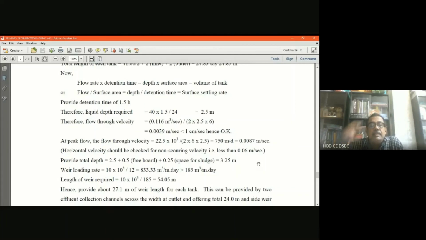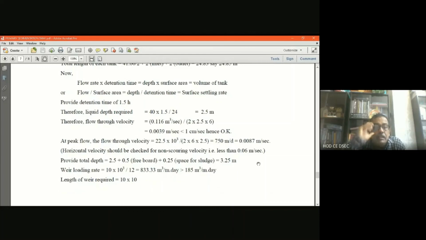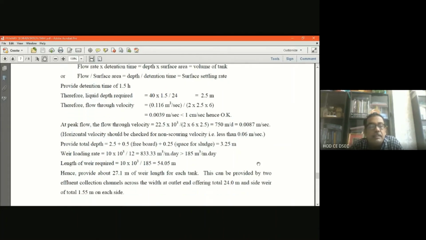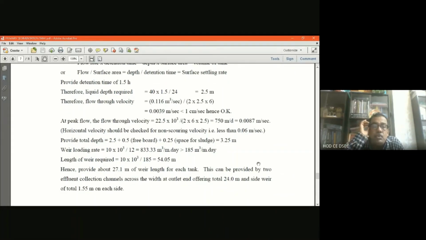Now considering that 185 is the maximum weir loading rate. So just a backward calculation, you know the flow and you know the maximum overloading rate. If you divide the flow by the maximum overloading rate, then the length of the weir will be found out as 54 meter. Hence, provide about 20. Now this is the total weir length.